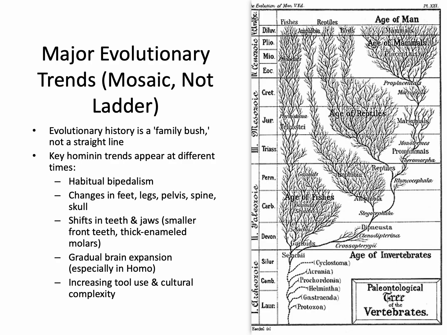Finally, there's the gradual expansion of brain size, especially once we get into the genus Homo. And alongside those anatomical changes, we see increasingly complex tool use and cultural behavior, which we can see through stone tools and later through art and symbolic objects.